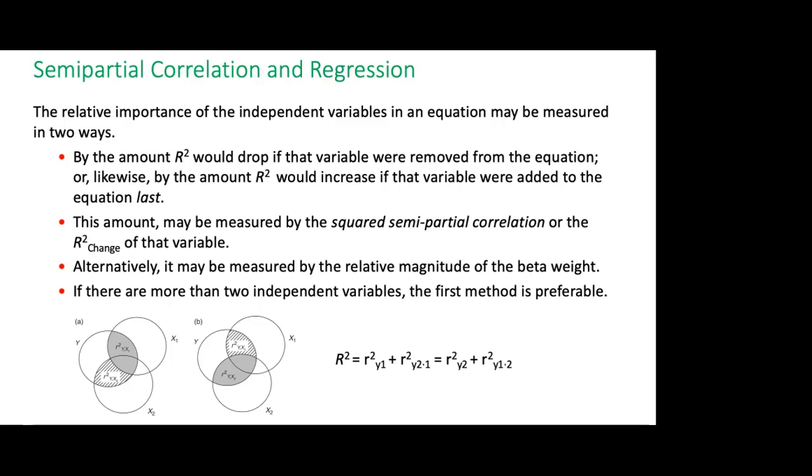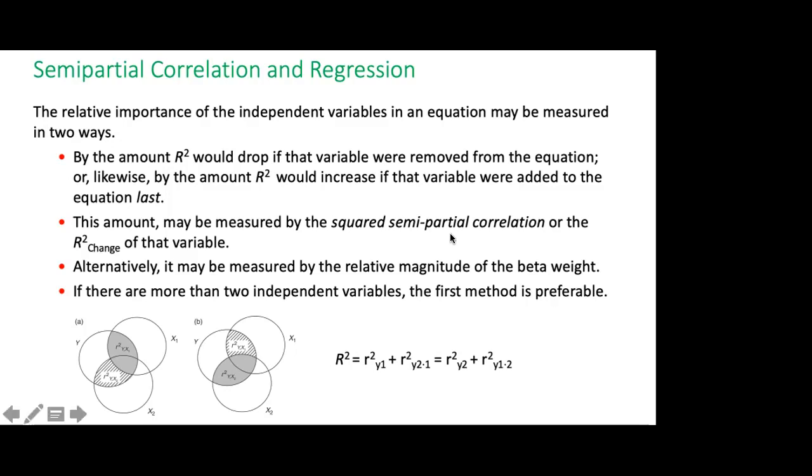That is the r squared change that this variable causes. That means if we removed that variable from the regression equation, the r squared would be reduced by this amount. So it's a measure of the unique contribution of this particular predictor to the outcome variable.